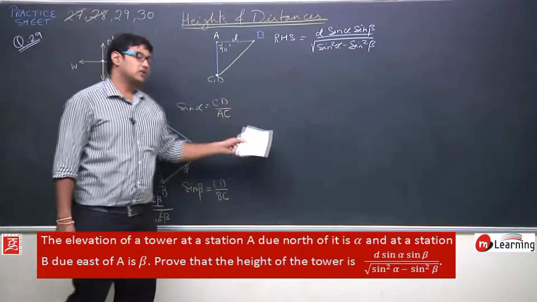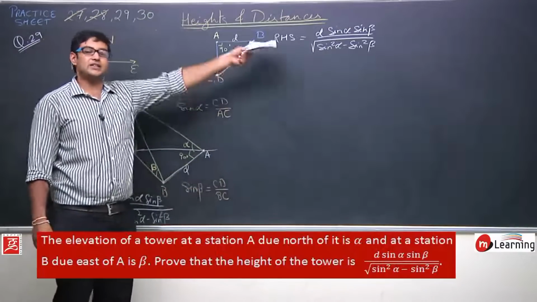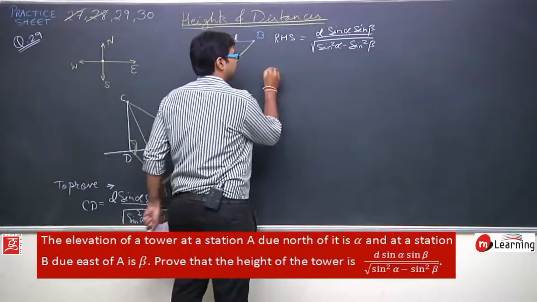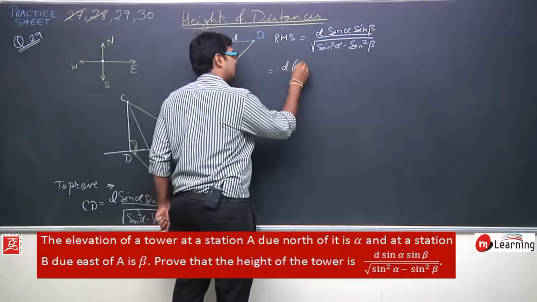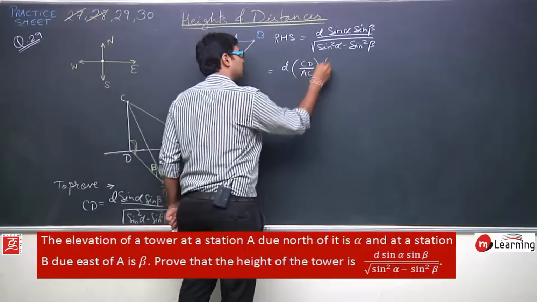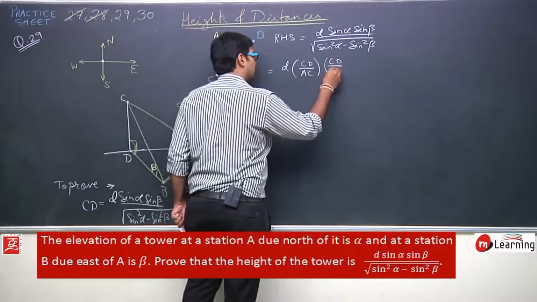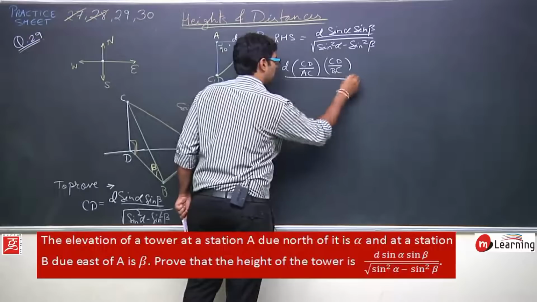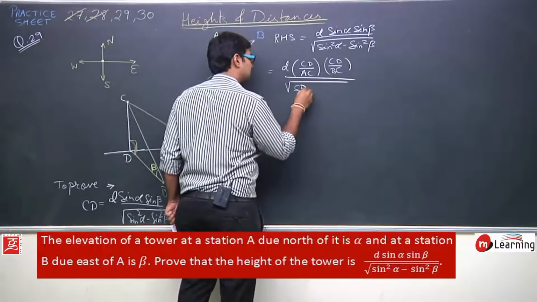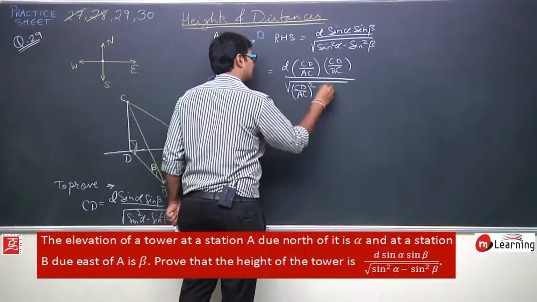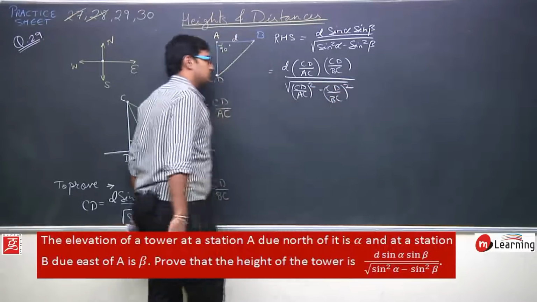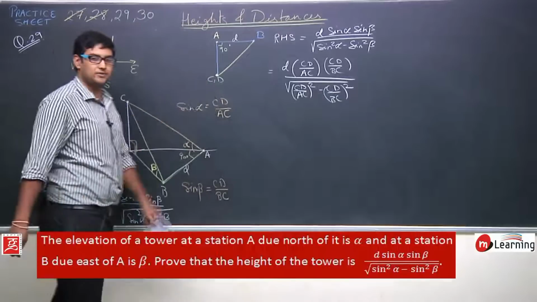Let us substitute the value of sin alpha and sin beta in this given condition. So this will give you d times sin alpha is CD upon AC into sin beta is CD upon BC upon square root of CD upon AC square minus CD upon BC square. Okay, this is what I can write.